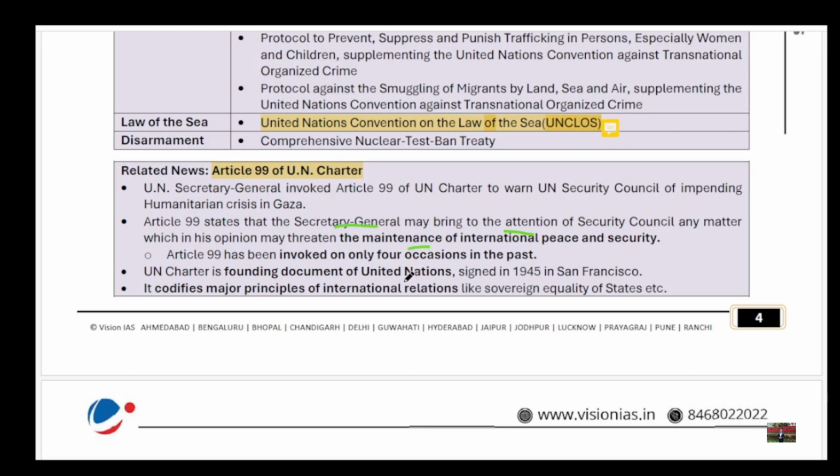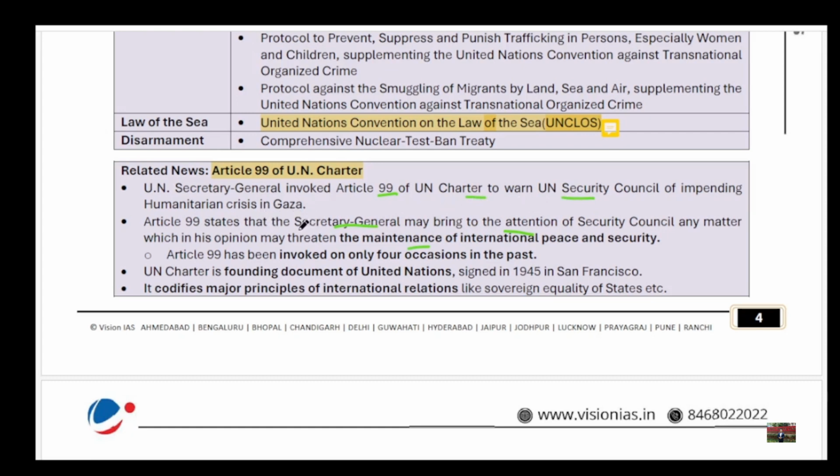Again, in the context of the recent Russia-Ukraine war and again the Israel-Palestinian issue. All right. So the UN Secretary General invoked Article 99 of the UN Charter to warn the UN Security Council of an impending humanitarian crisis in Gaza, right?